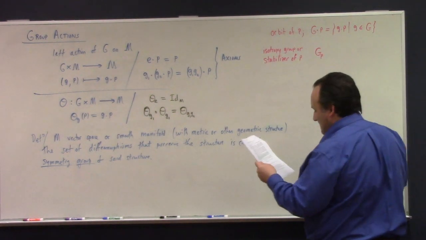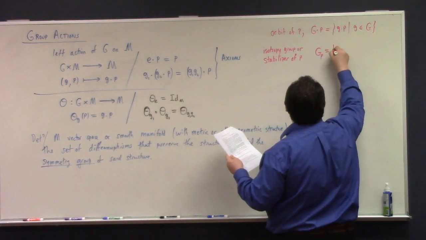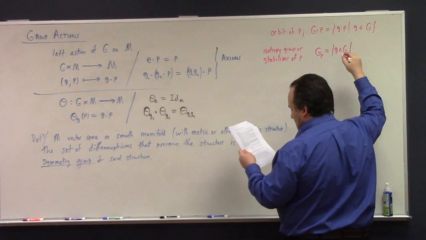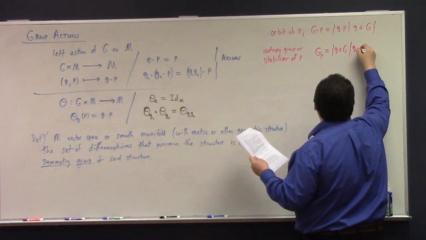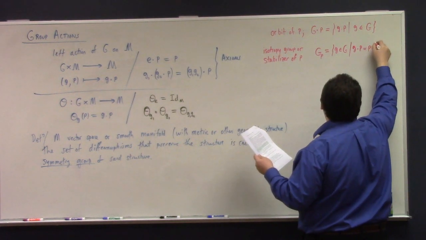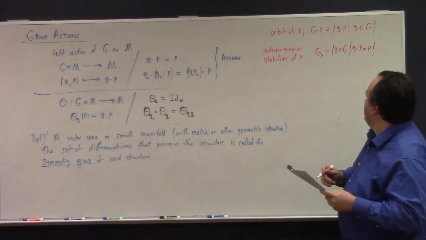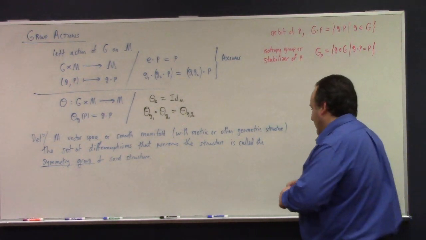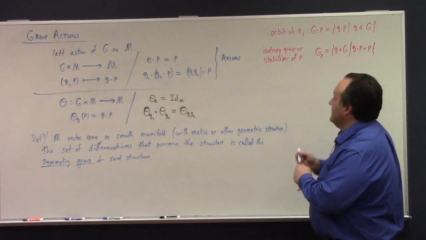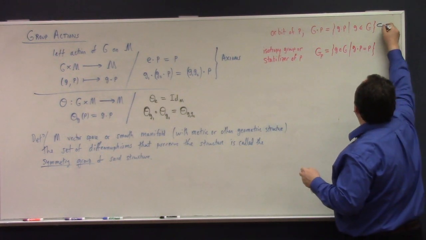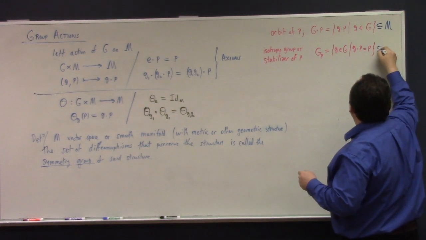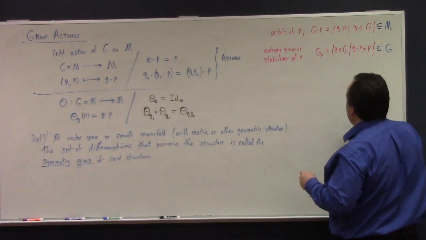G sub P, this is the set of G in the group such that G dot P equals P. Let me emphasize right now the very radically different nature of these two sets. This is a subset of the manifold on which you're acting. This is a subset of the group which is acting on the manifold.